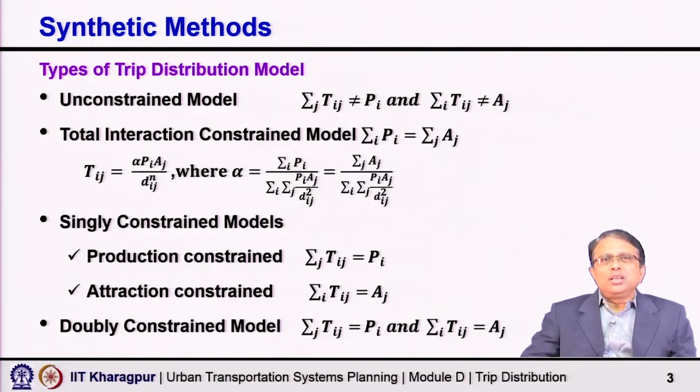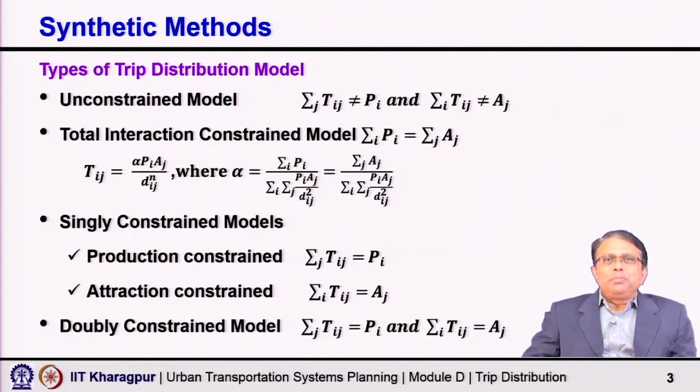Then the total interaction constraint model means the model will ensure all these have to be anyhow ensured, but the question is whether the model form will ensure this or not. The model form in this case will ensure that the total productions from all the zones should match with the total attractions of all the zones.